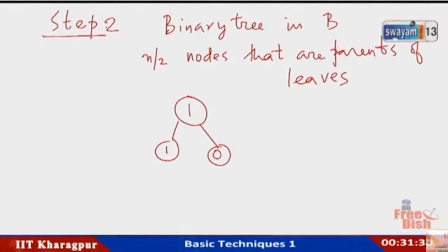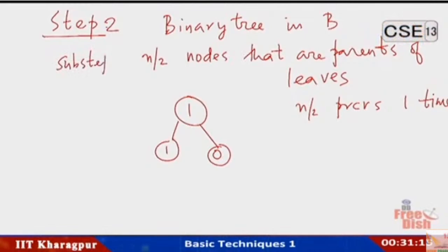So this will require n by 2 processors, unit time. This is the first substep. In the second substep, we use n by 4 processors.